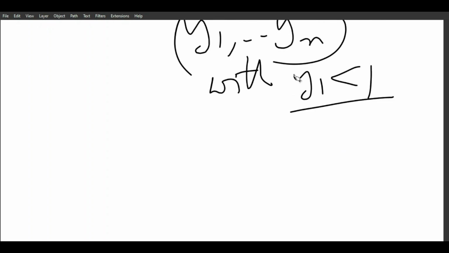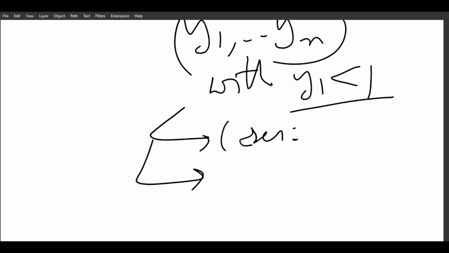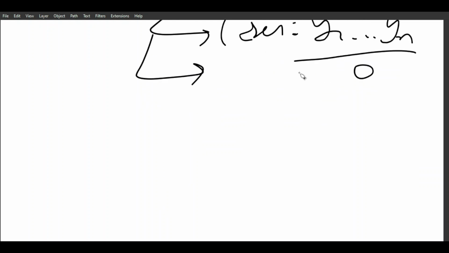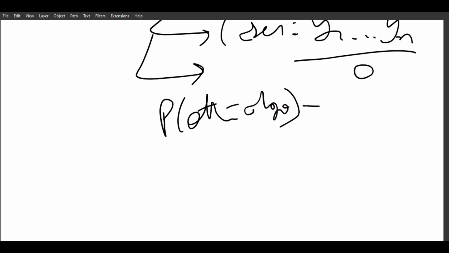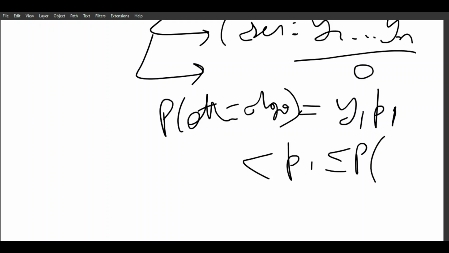So here also we have two cases. Case 1 is y2 up to yn all are 0. This case is easy to prove. Profit of the other algorithm, you can easily compute as y1 p1, which is less than p1, because y1 is less than 1, and this is at most the profit of greedy knapsack.